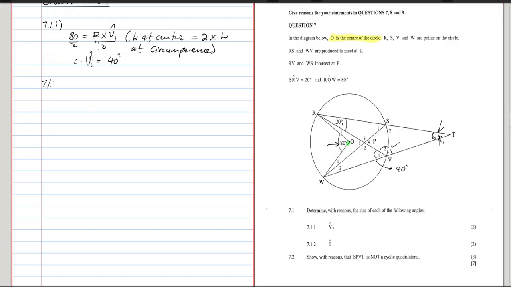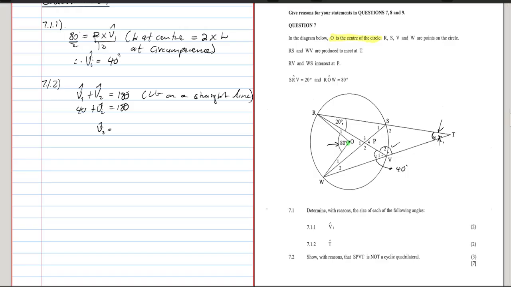So for 7.1.2, we can say the V1 when added to the V2 gives us 180 degrees, angles on a straight line. So V1, that's 40, plus V2 equals 180.